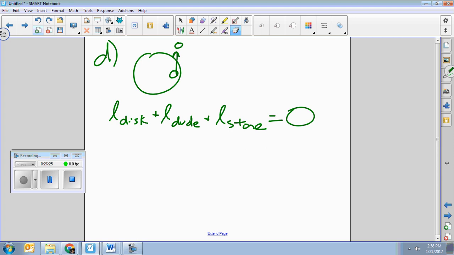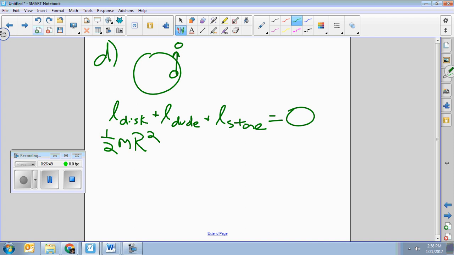All right, so L for the disk. Well, it's a disk, right? So I for the disk is mr squared over 2. I guess I should write 1/2 mr squared. So that's the way we usually write it.